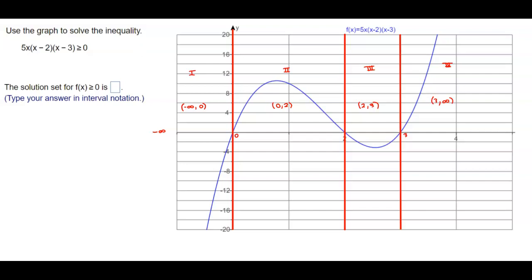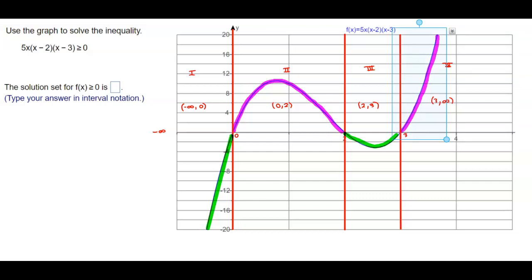You can see here that it's below the x-axis here, and then it's above the x-axis here, and then it's below the x-axis here, and then it's above the x-axis here. So where do you see that it's greater than or equal to 0?